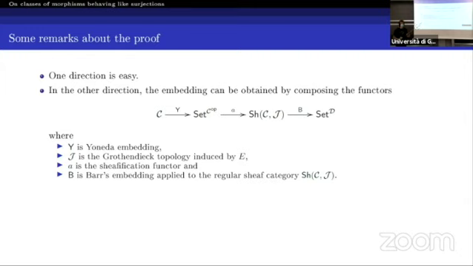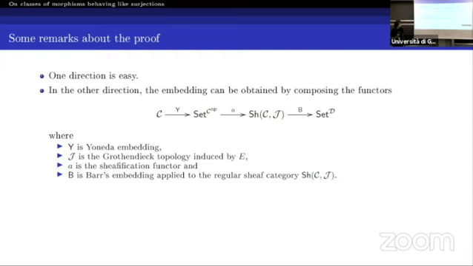Then, since the topos is a regular category, you can apply Barr's embedding theorem to go to another presheaf category.